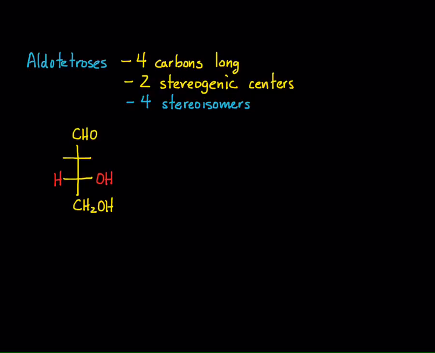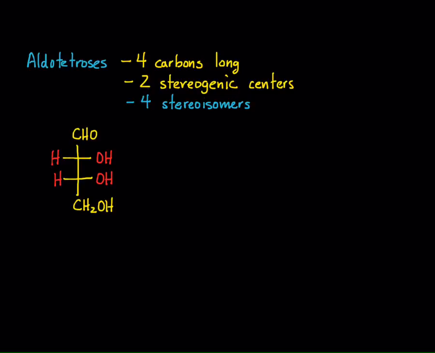So I'm going to start with the configurational carbon where the OH is on the right hand side. So I know that this sugar is going to be D, whatever the name is, right? And so now I can put the other OH either on the right or on the left, right? So I'll put it on the right so they're on the same side. And this particular aldotetrose is erythrose.